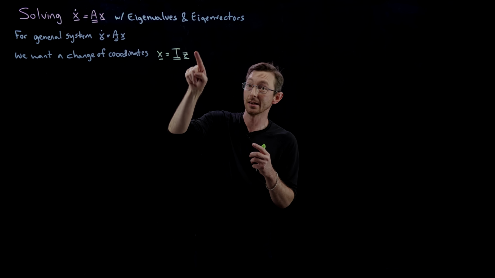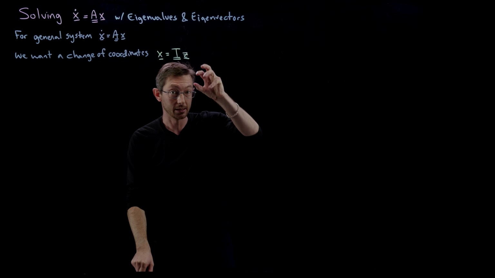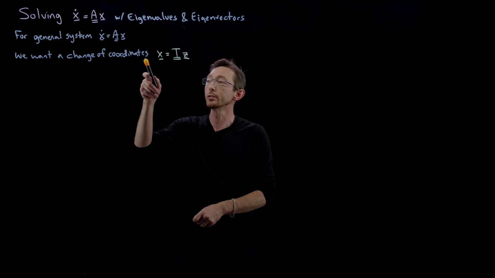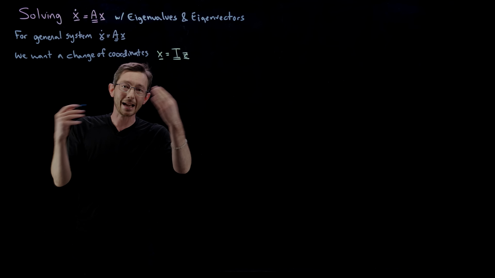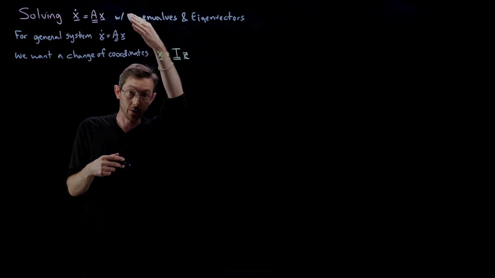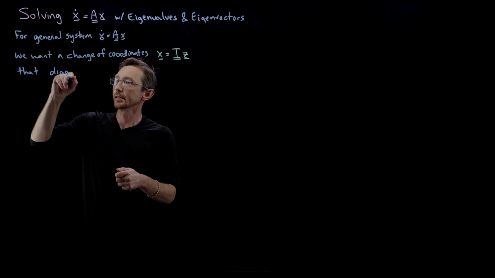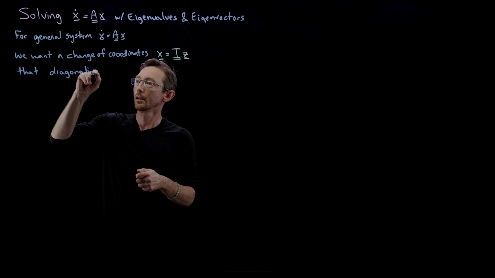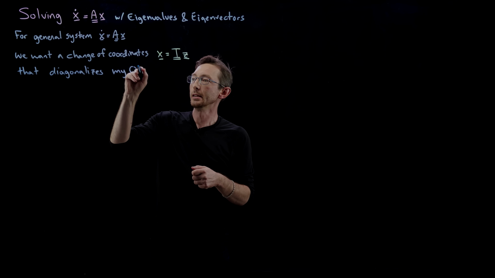So I can go from x to z or z to x by multiplying by the matrix T or its inverse. So I want a change of coordinates into a new coordinate system z that diagonalizes my ordinary differential equation, that diagonalizes my ODE.